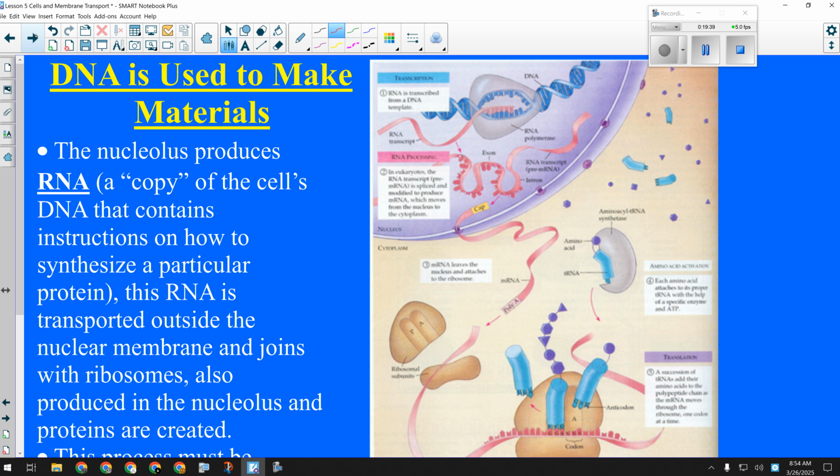Know that you do not need to know this process in this level of detail. All you really need to understand for Science 10 is that the nucleolus makes copies of the DNA, those copies are sent to the ribosomes, and the ribosomes use them to make protein. That's as much as you need to understand protein synthesis at the Science 10 level.